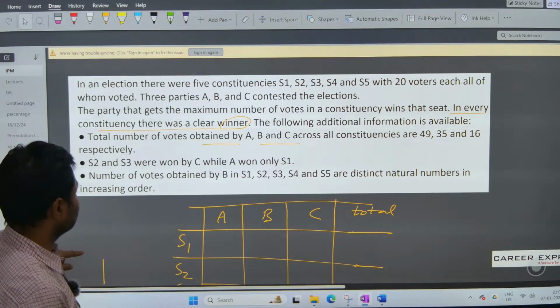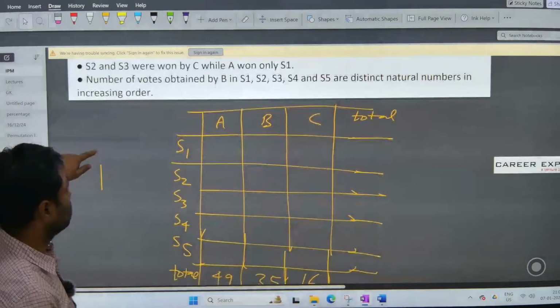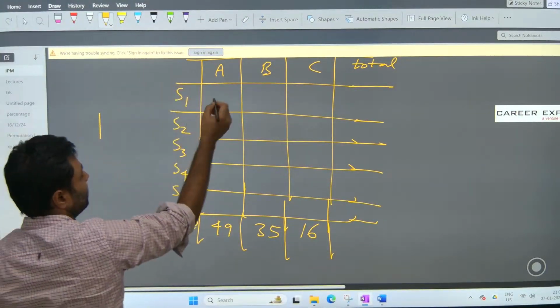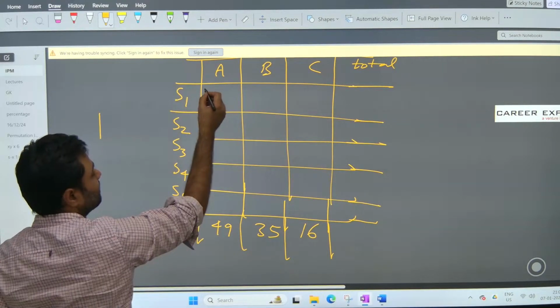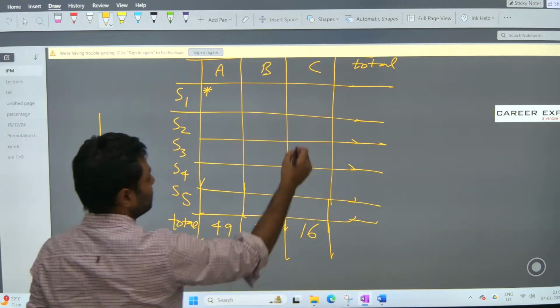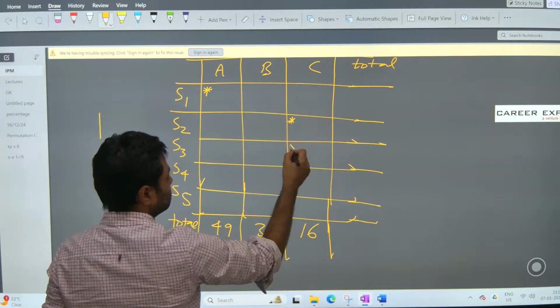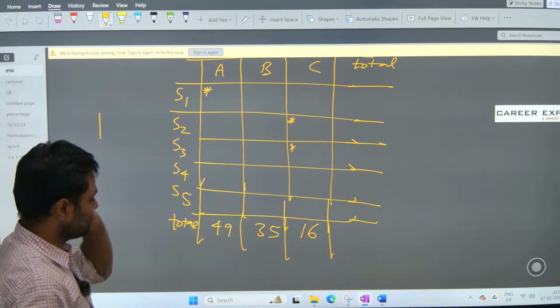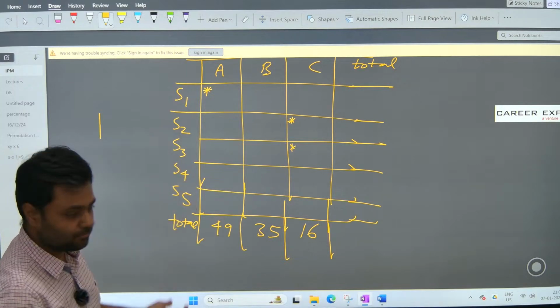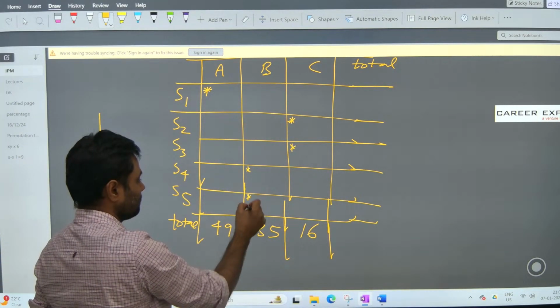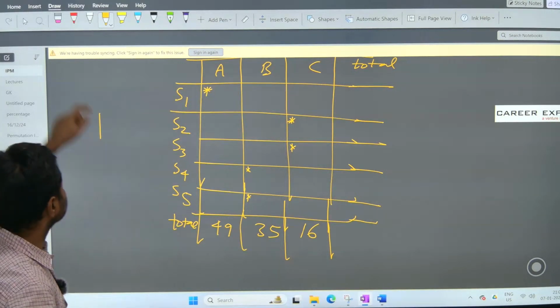S2 and S3 were won by C while S1 was won by A. So S1 was won by A and S2 and S3 were won by C. So this clearly says that S4 and S5 were won by party B. Right.